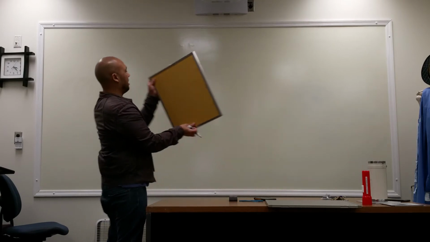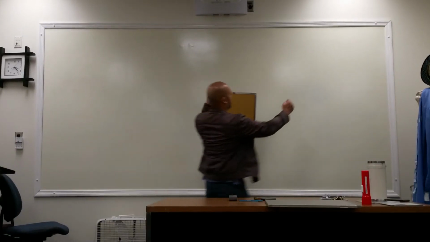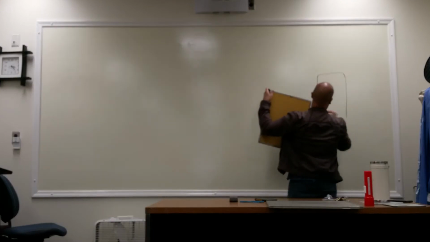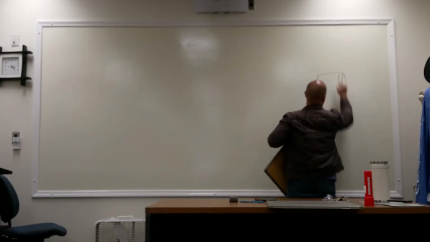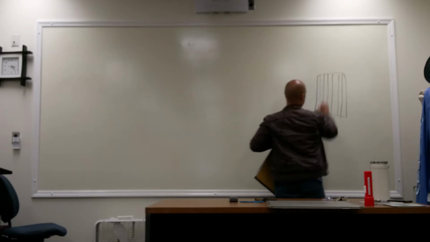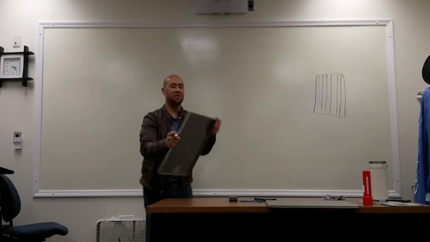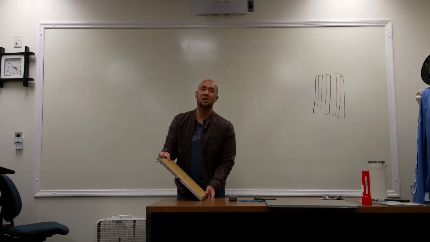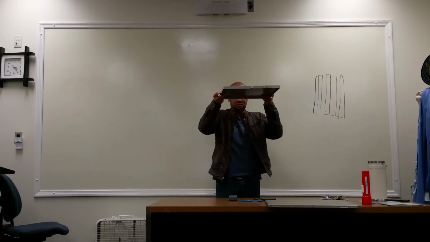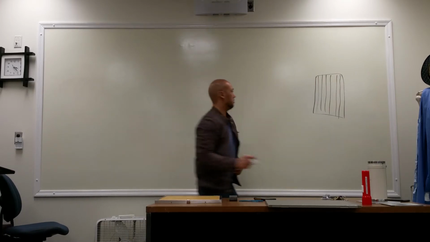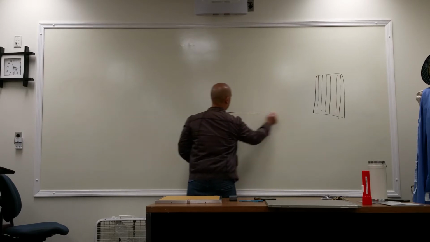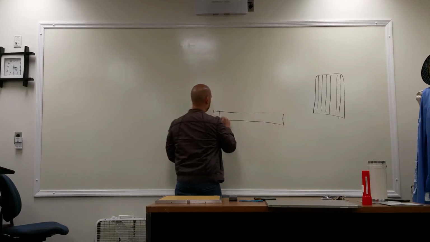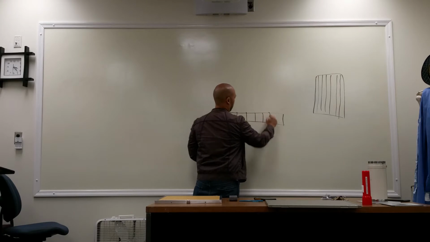If I were looking at it this way, the lead strips will be going down just like this, okay? Very thinly spaced lead. Now, if I were to look at it in its cross section like this, the strips will be coming down this way.